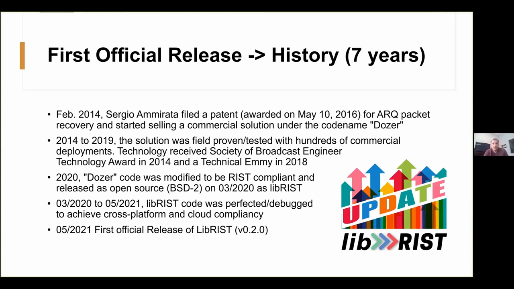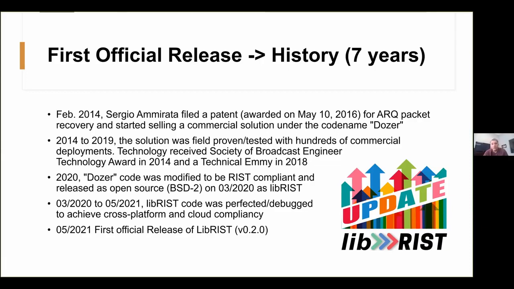For 5 years, this code base and the algorithms associated with it for retransmission and congestion control were perfected and field proven with hundreds of real deployments that are still in use today of live transmission, television channels, etc. Early last year, the code was modified to be RIST compliant and released as the first version of the libRIST open source project. Like was mentioned, it is BSD type 2, a very liberal license.